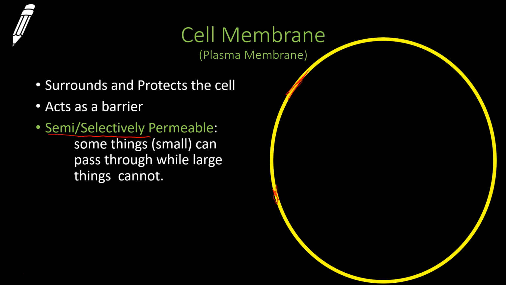Small things like water or CO2 could easily move through the cell membrane, inside or out, because they're very small. Larger things like proteins are too large to move straight through the cell membrane. But for now, I want you just to know that some things can move through freely, such as water, oxygen, or carbon dioxide.